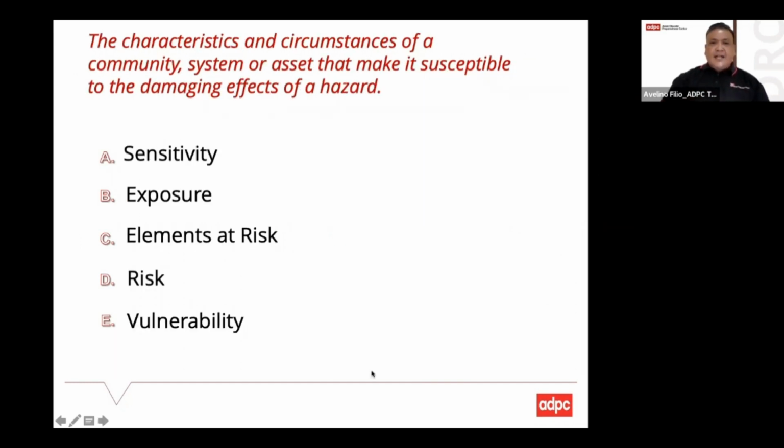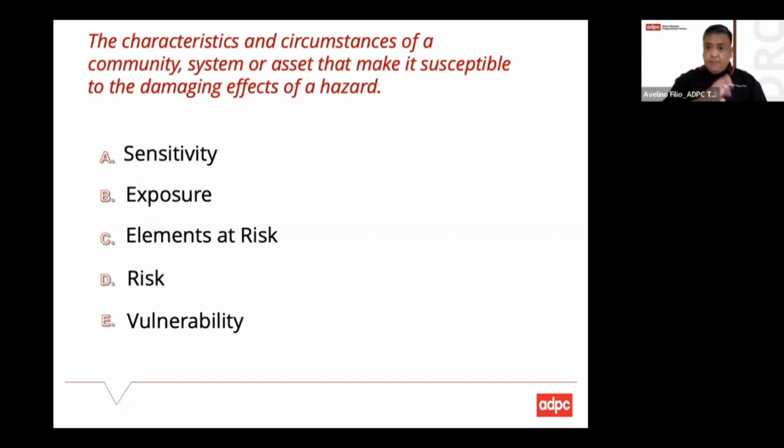Now, it's the characteristics and circumstances of a community, system, or asset that make it susceptible. Keyword here, susceptible or prone to the damaging effects of a hazard. Let's say a flood. So you're being prone or susceptible to the damaging effects of flood. A, sensitivity, exposure, elements at risk, vulnerability. I'll give you 5 seconds.